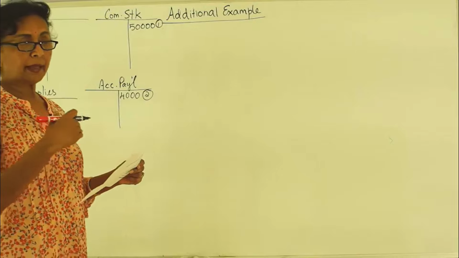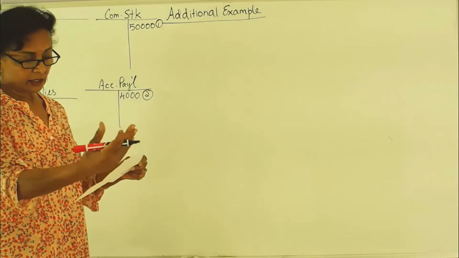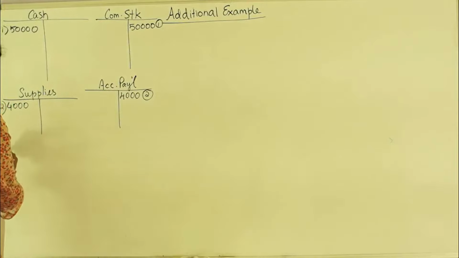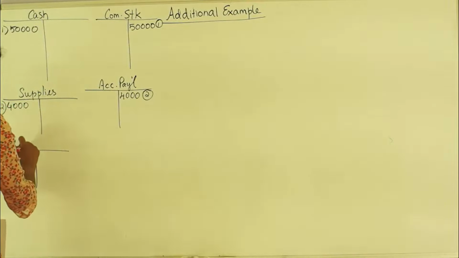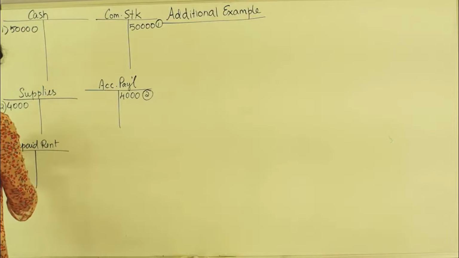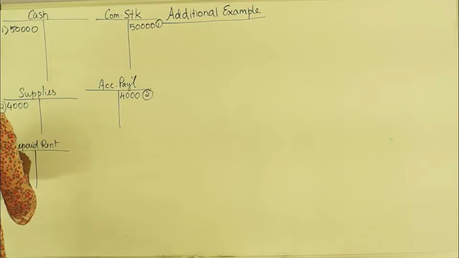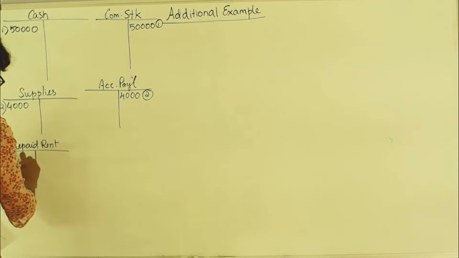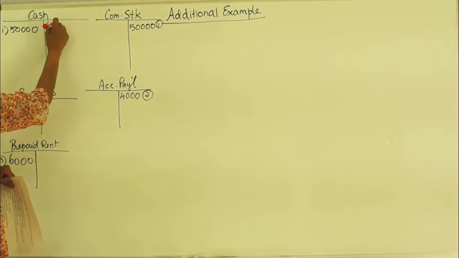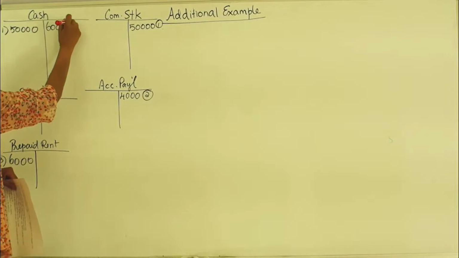So the company is paying in advance, so this would be a prepaid rent. So you will debit prepaid rent for $6,000 and you will credit cash for $6,000.